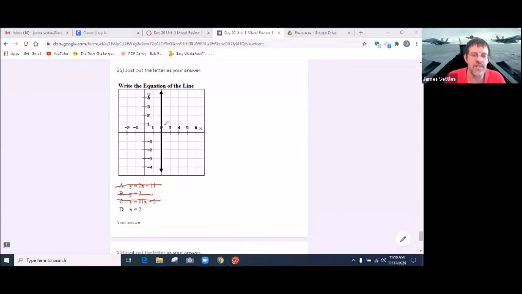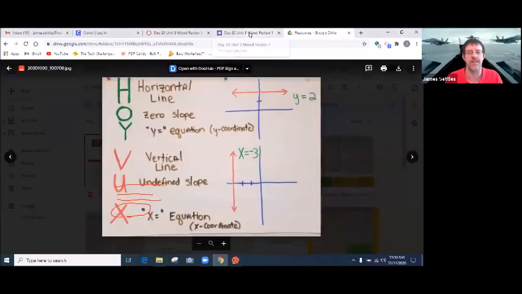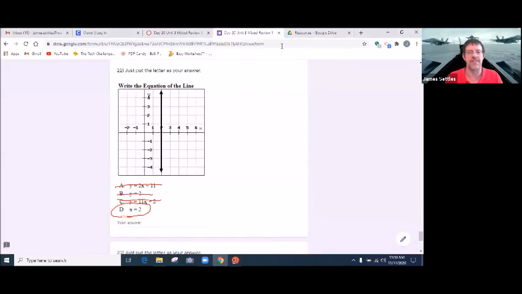And notice it crosses at 2, so it's touching the X-axis at 2. And so the answer would be D right there. Like I said, if you know Hoy and VUX, or on test day, if you'll at least look at this poster, because I'll have it up for you on test day, that makes it so much easier.